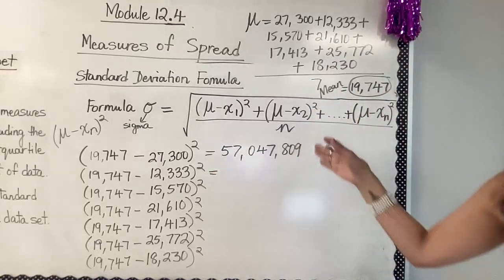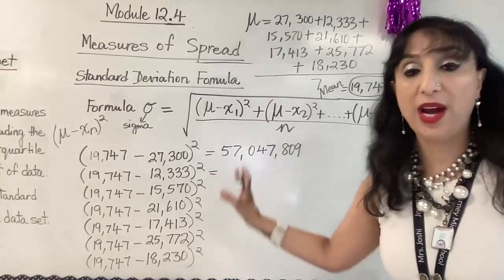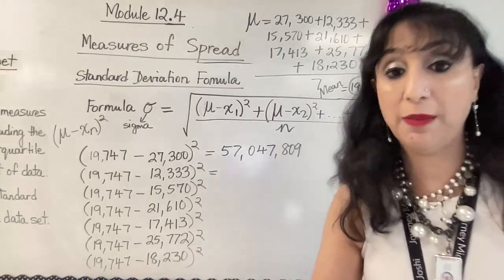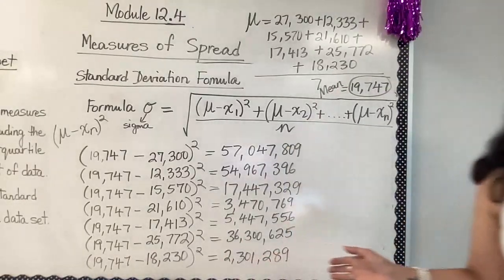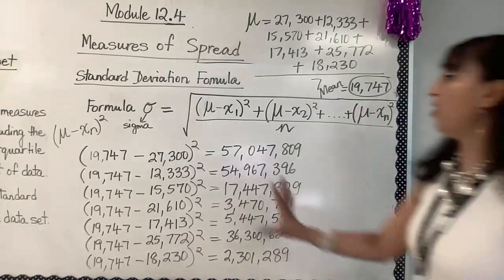Then I'm going to carry on and just write this down to save time on the filming. I've just put all the numbers here. I have just found the square of the differences.